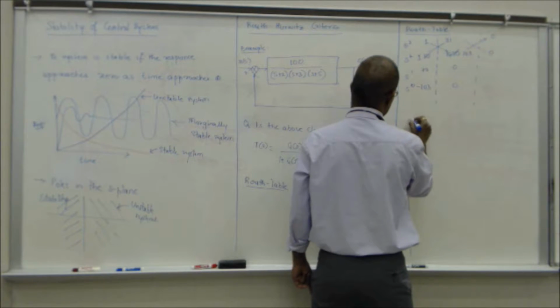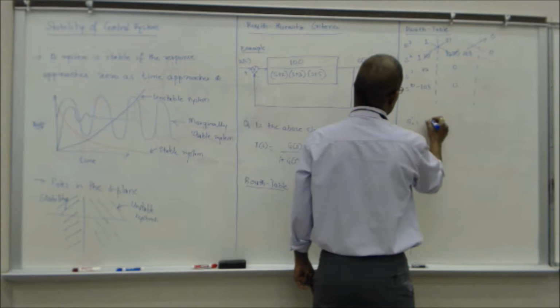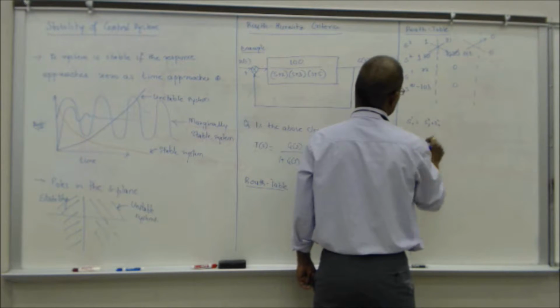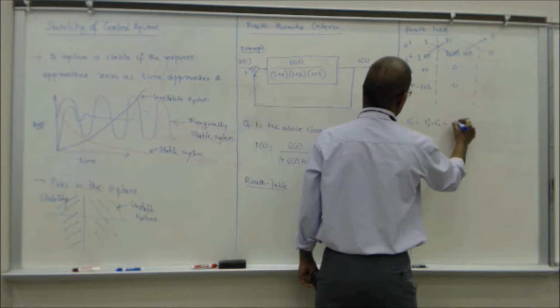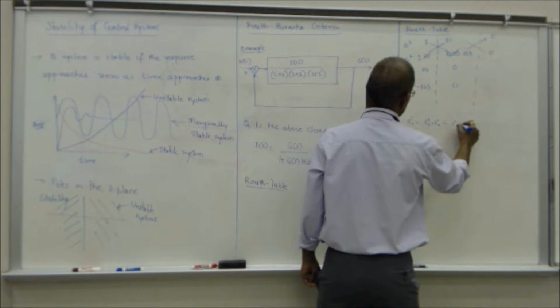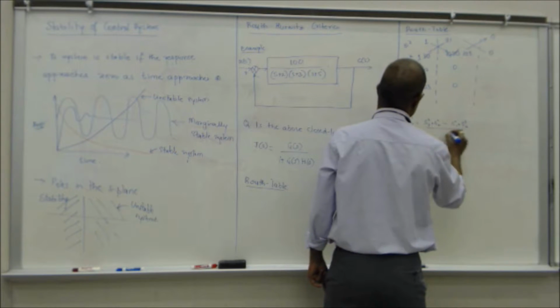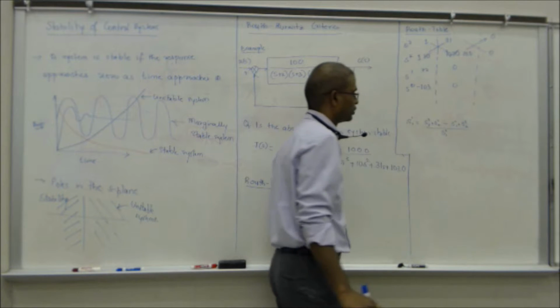So S11 is equal to S31 into S22 minus S21 into S32 over S21. This makes sense?